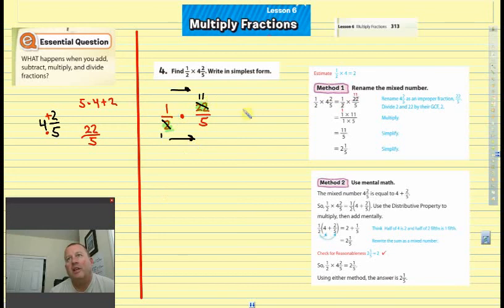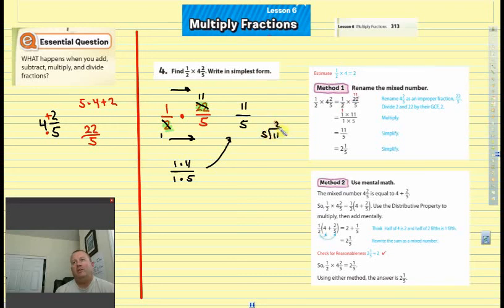1 times 11, 11. 1 times 5, 5. Now, if you're not for sure on that, I'll write it out. 1 times 11, 1 times 5. And you get 11/5. Well, change that into a mixed number. How do I do that? 11 divided by 5.